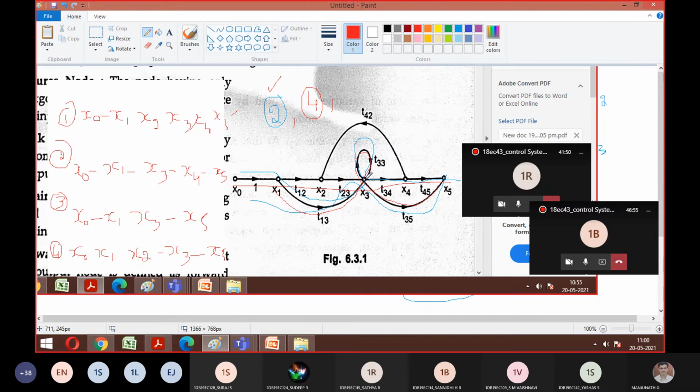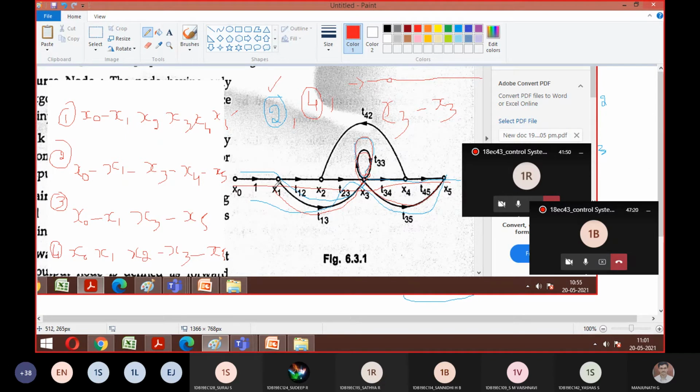X3 is already traced, so if you keep tracing once more, you say X3 twice. You should not make this mistake. Am I clear? Once you start at the input level, it should touch each node only once. That is a condition, you should be very careful. Once it touches, it has to come out as output.